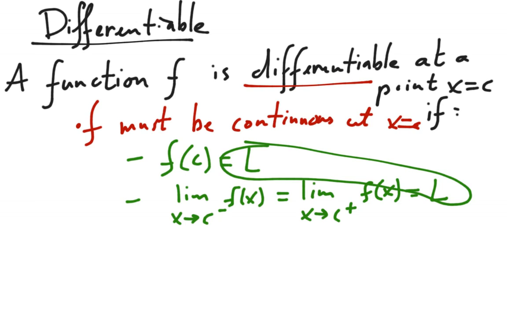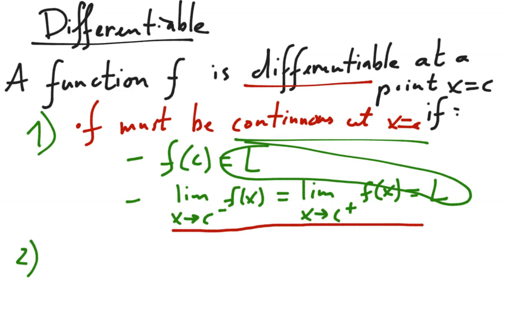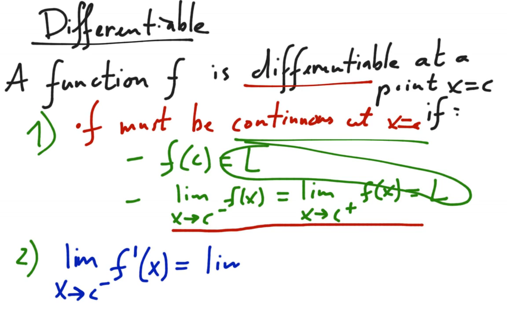So a function is differentiable if, first off, f has to be continuous at c. The second condition is that not only must the values of the function be the same at x equals c, but this other condition, where the limit as x approaches c from the left of f prime of x must be equal to the limit as x approaches c from the positive side of f prime of x.